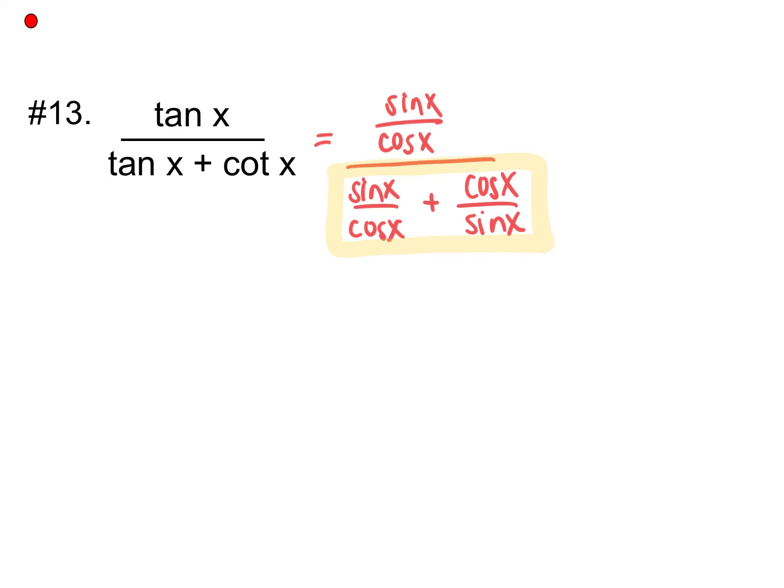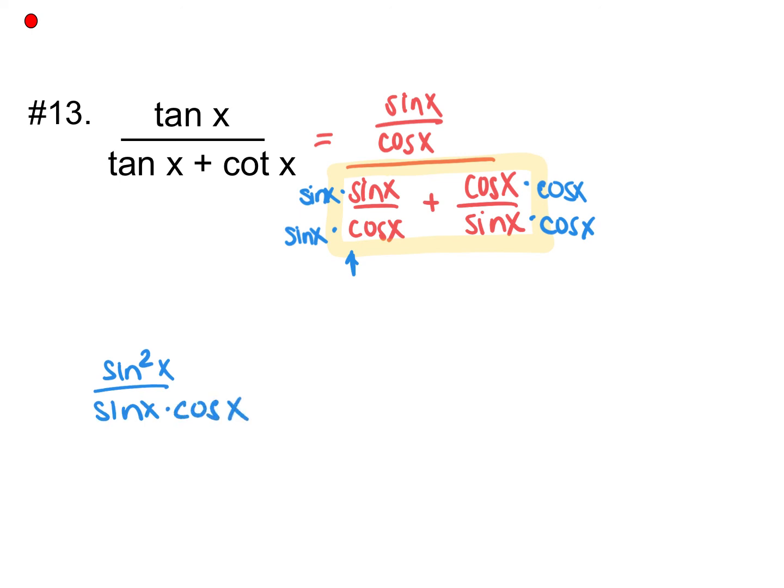Pause the video again. You will need to multiply both the top and the bottom by the sine here, and here both the top and the bottom by the cosine x, so you have a common denominator. In doing so, what you have here is a sine squared on the top over sine of x times cosine of x.